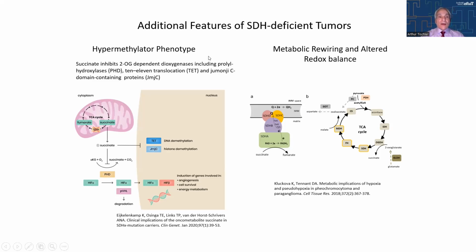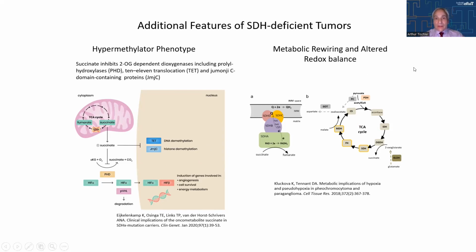2-oxoglutarate-dependent dioxygenase family includes enzymes besides the prolyl hydroxylases, including succinate-sensitive enzymes that demethylate histones and DNA. So you have a variety of abnormalities resulting from hypermethylation in the SDH deficient tumors that you do not see in the VHL deficient tumors.